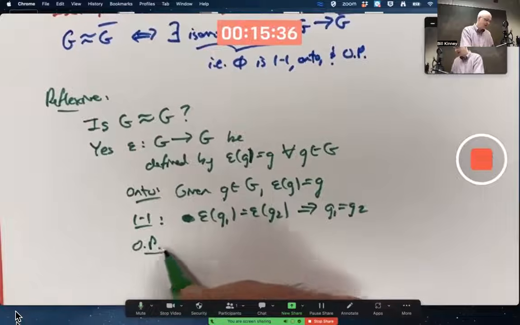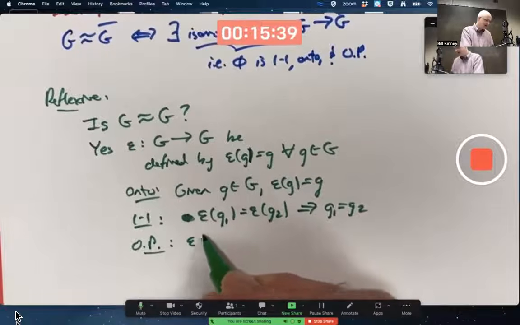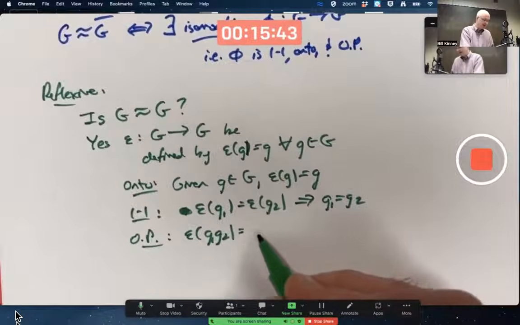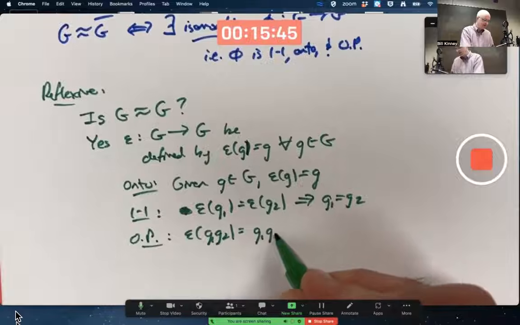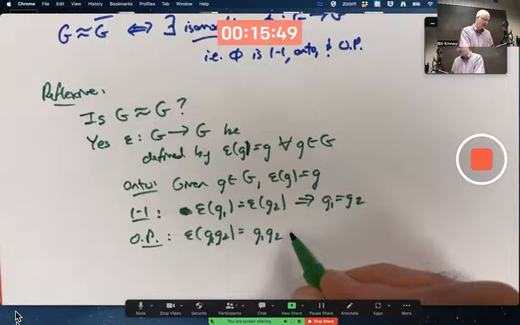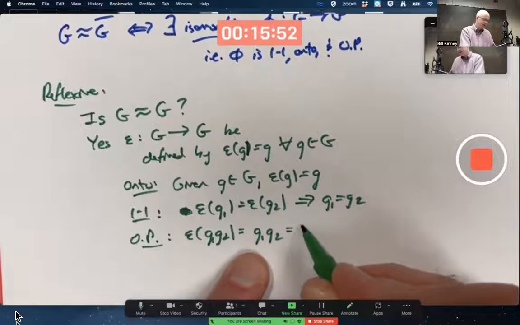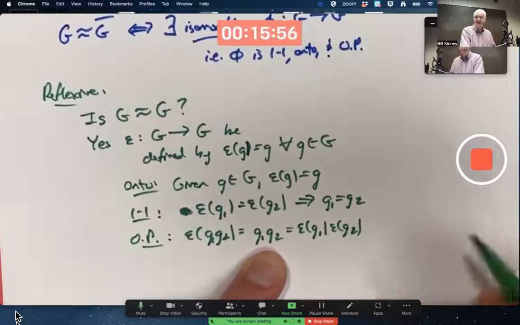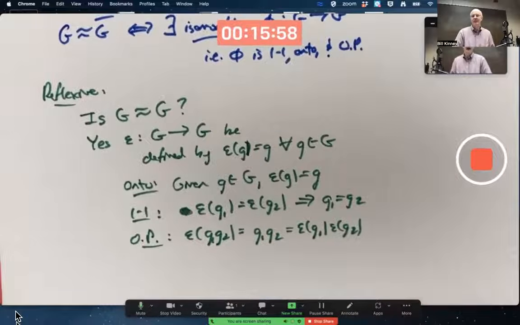Is it operation preserving? Epsilon of g1 times g2, by definition of the formula for epsilon, is g1 times g2. And also by definition of the formula for epsilon, g1 is epsilon of g1 and g2 is epsilon of g2. Done. It's definitely operation preserving as well.